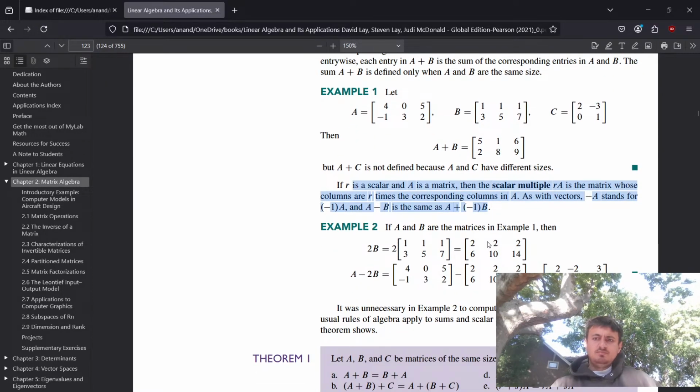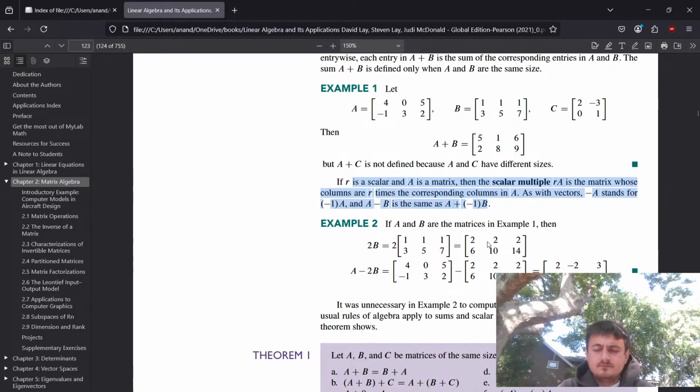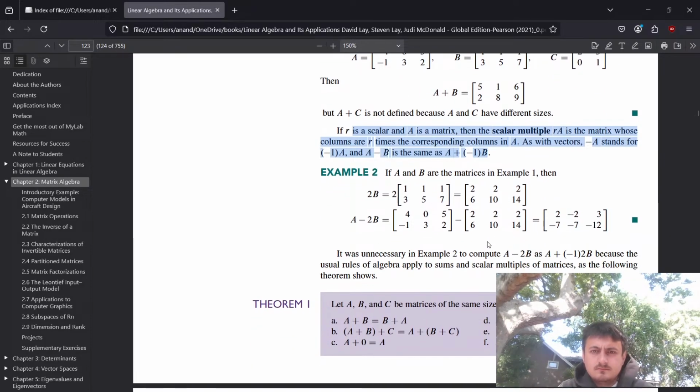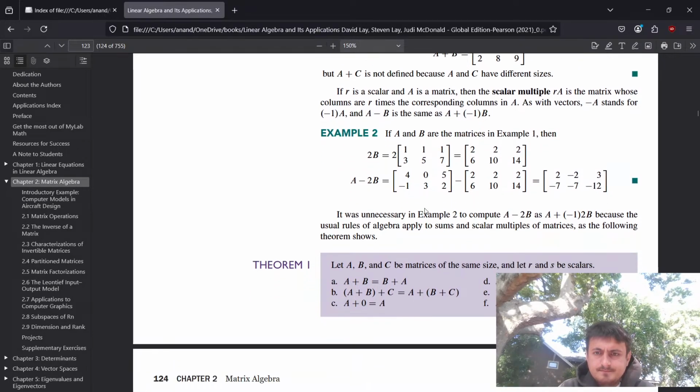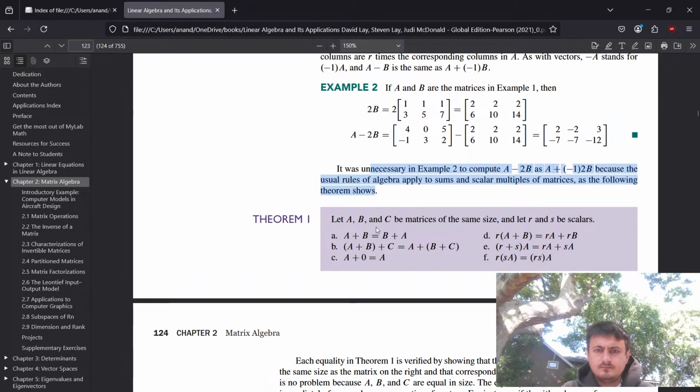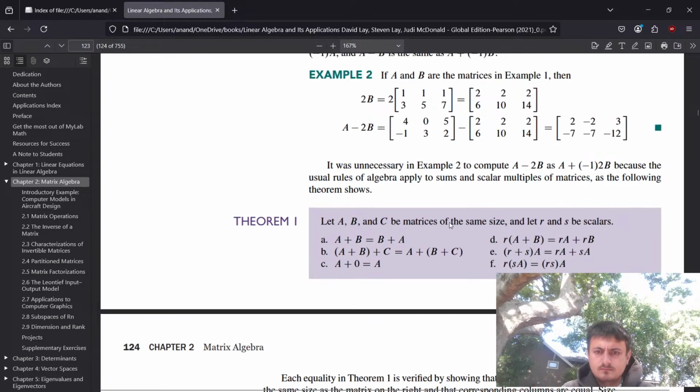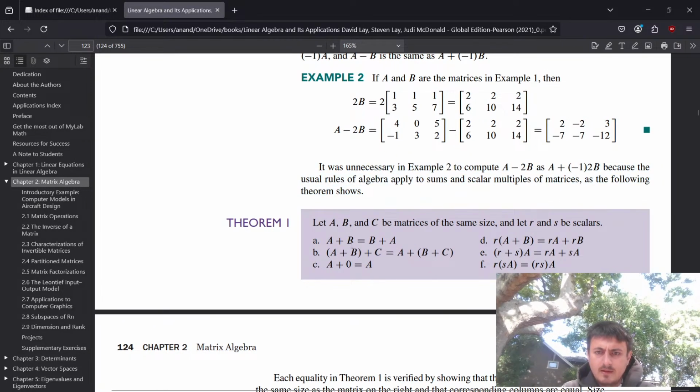Okay, scalar multiple of a matrix. So we have commutativity, we have associativity, we have a zero element.